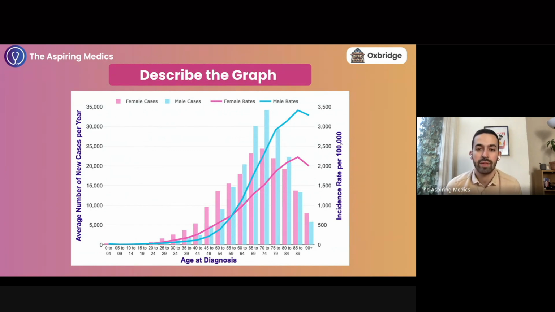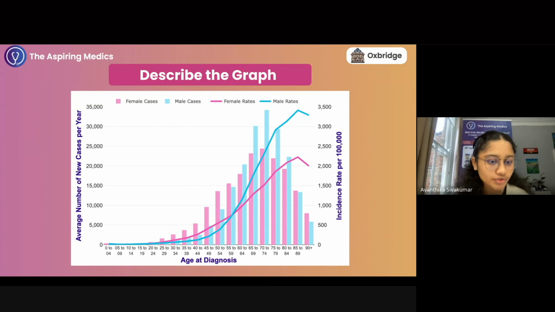Can you firstly describe this graph for me? Right. So I think this graph shows trends in the average number of cancer cases per year over a period from 0 to over 90 years old. It also shows the incidence rate of the cancer per 100,000 people, and data for both males and females.